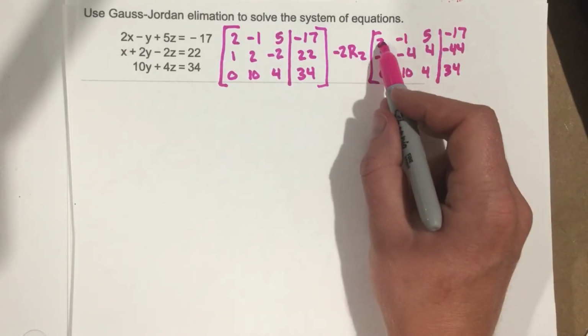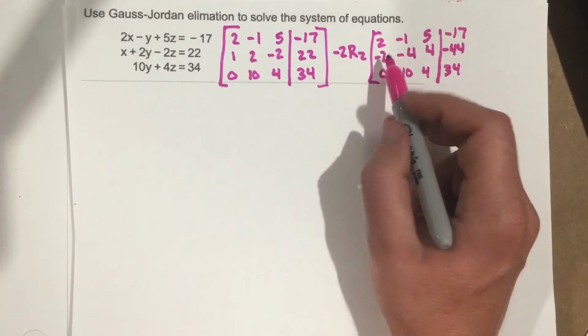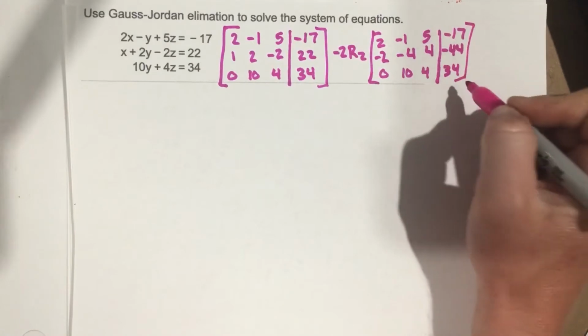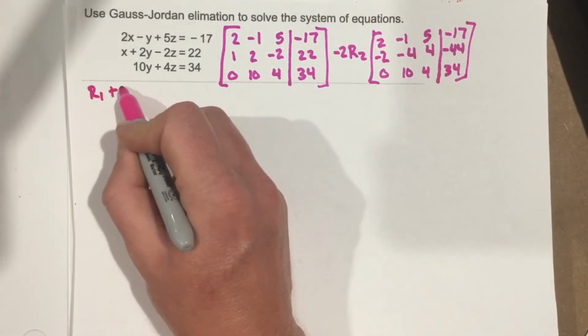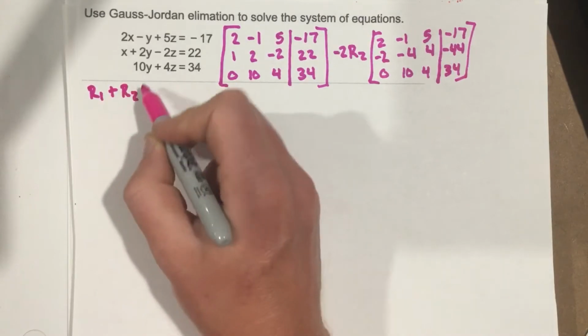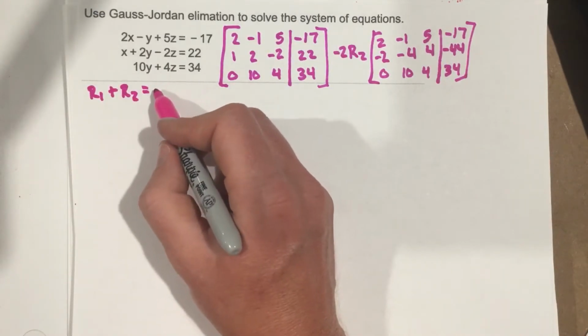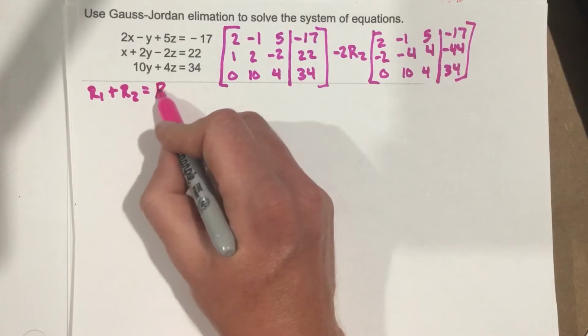We're going to add row 1 with row 2 to get row 2. So row 1 plus row 2 is going to equal row 2.